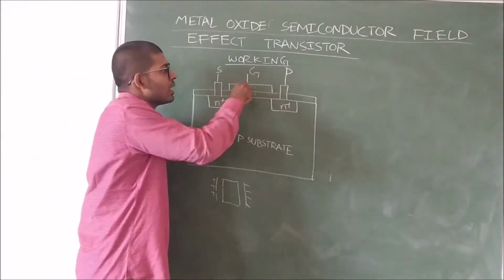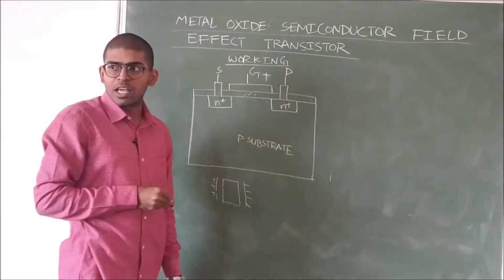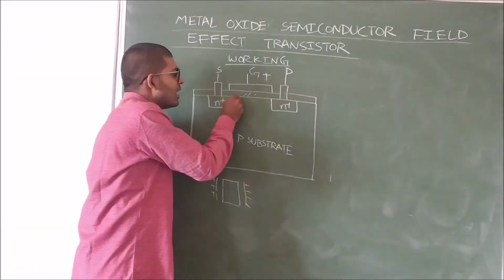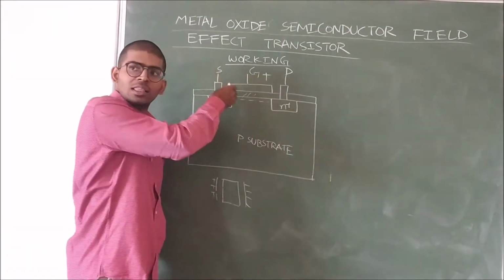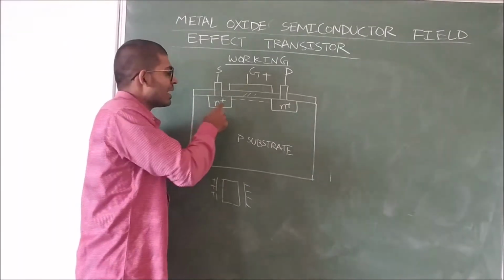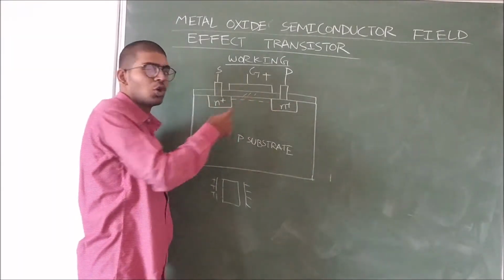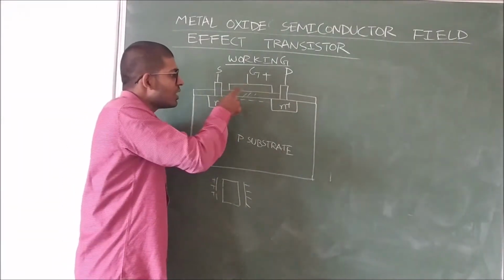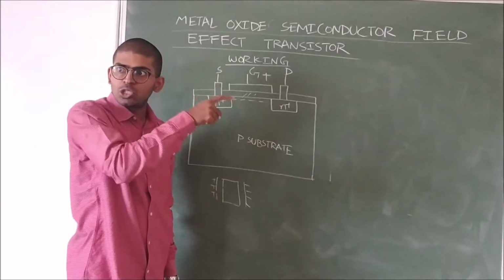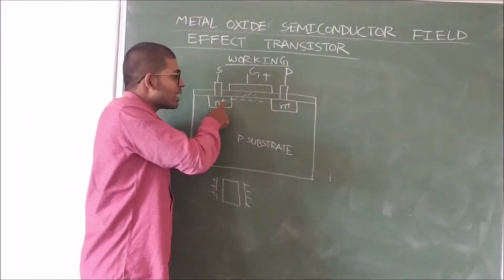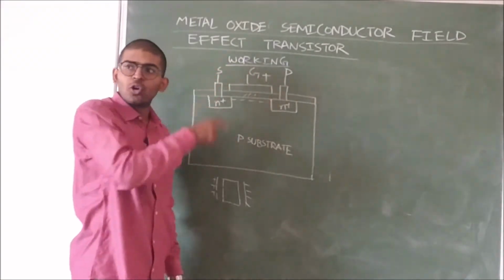If I give positive supply to this gate terminal, then automatically negative voltage is induced on the other side, and more electrons pass from source to drain.